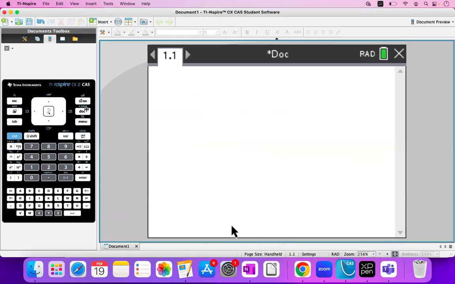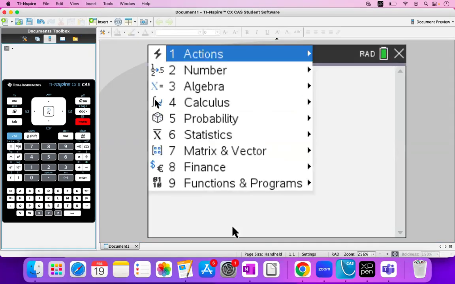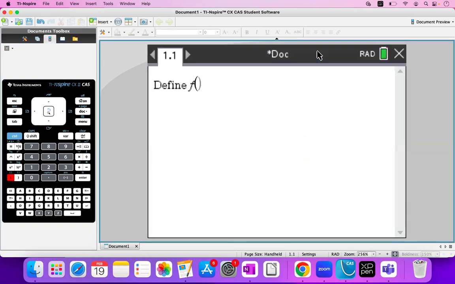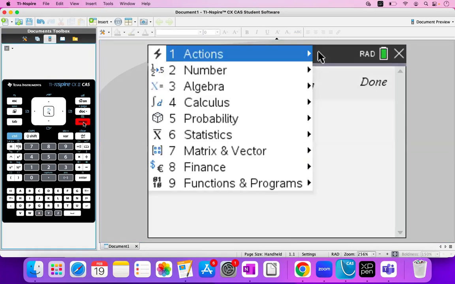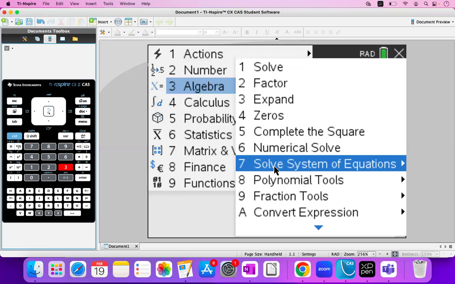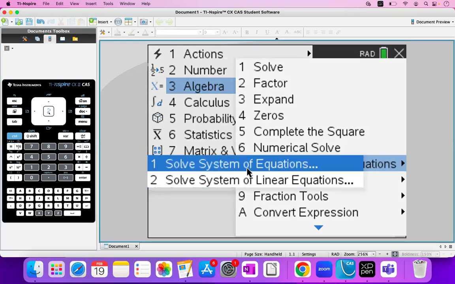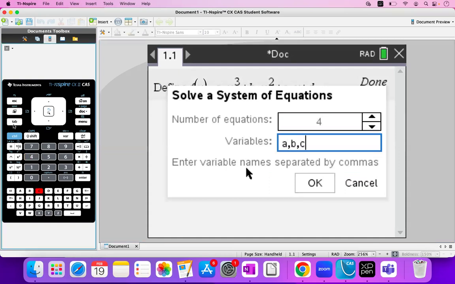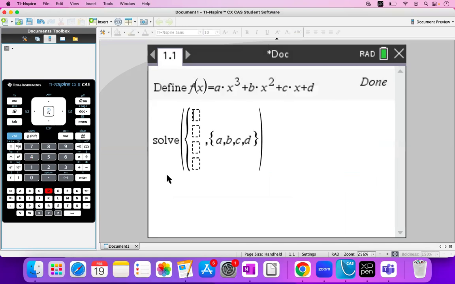So I open my CAS, then I divide first, manual actions. Then I do f(x) = a times x cubed plus b times x squared. Make sure you put the times in, plus c times x plus d, like that. Then you go to menu, algebra, 7, 1 or 2, doesn't matter. So for equation, click tab here, then you move A, B, C, D. Okay, then you just enter the 4 points that you got.